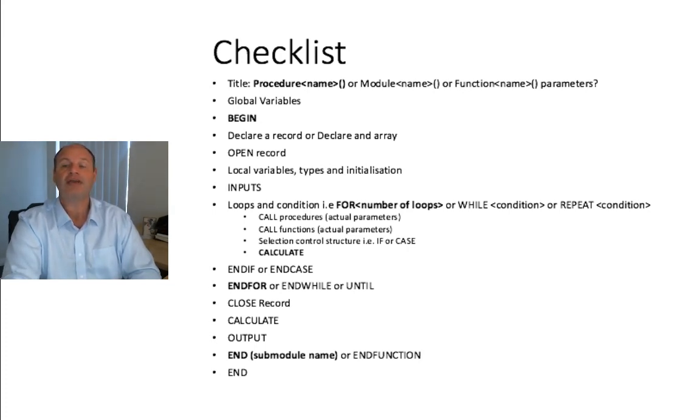Take note that the calculate is done inside the for loop and not outside. Also, it is important to remember that you bookend your loops. So if you open a for loop, you must have an end for as well as an end with the module name in brackets. Pause the video and make sure that your checklist is correct and then continue when you're ready.